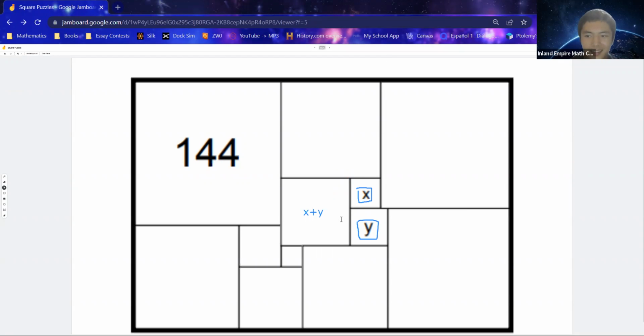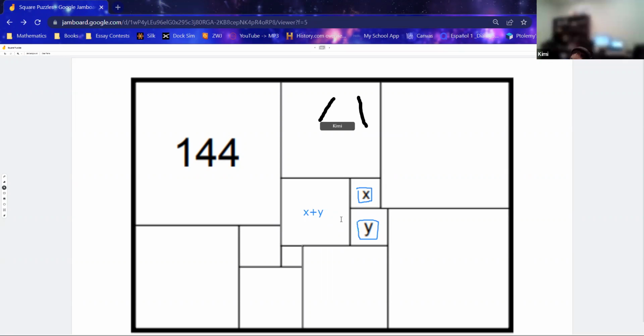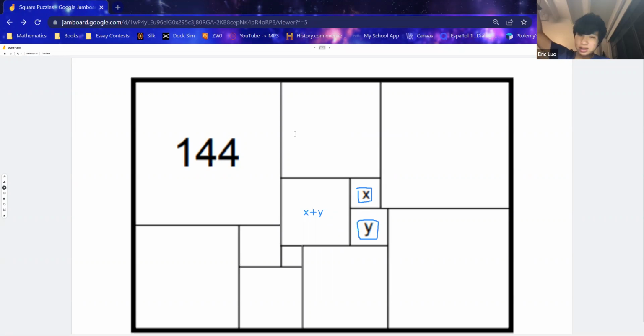Okay. So Eric, would you like to continue with your little hints? And now you can see that we can figure out another one of the squares, just using the variables. I think I got this. Is this square right here 2x plus y?